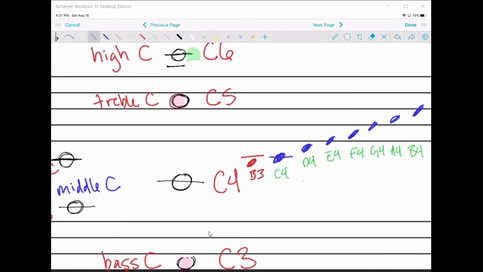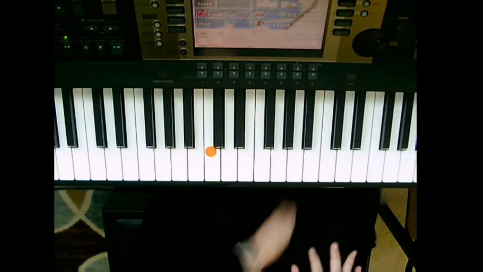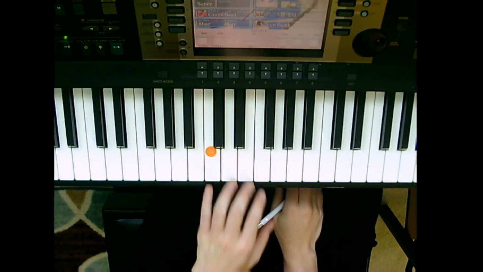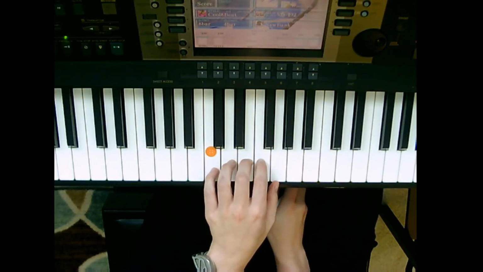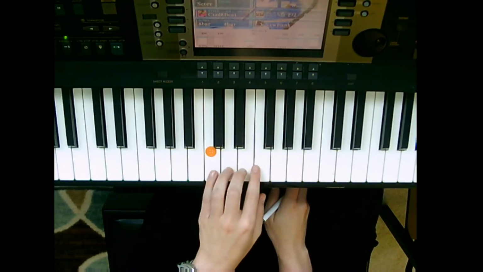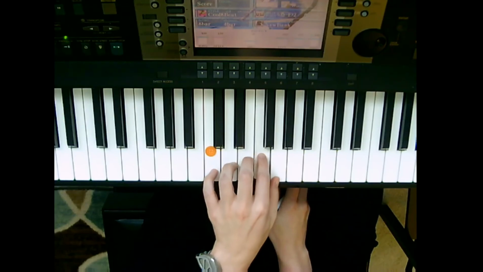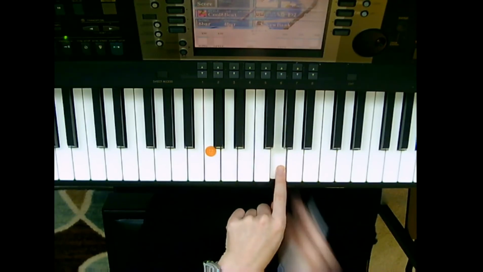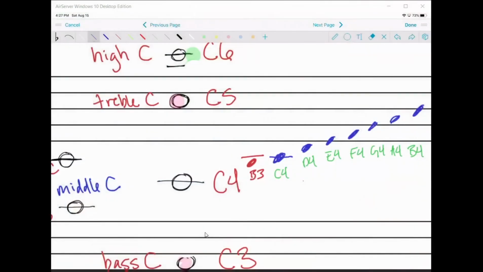So C, if I take a look at my piano, 4ths and 5ths are really important intervals. An interval is just how far away 2 notes are. So C, if I count up 5, 1, 2, 3, 4, 5, here's G. So that note is a 5th away, and on my staff, that would be right here.